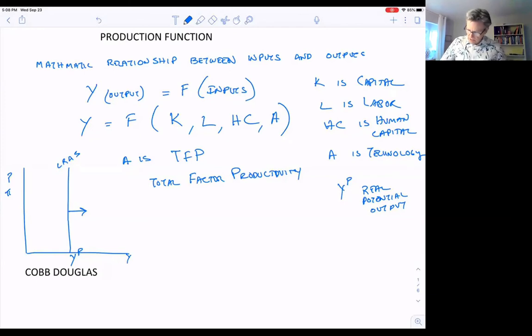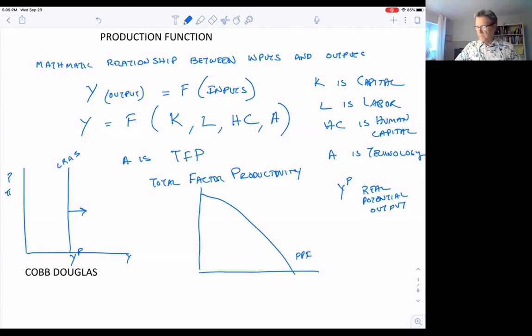We can also graphically describe this with the PPF, the production possibility frontier. So here is the PPF, which shows our potential output, the different possibilities of our potential output. And any of these inputs in the production function is going to shift that PPF out. So same thing.